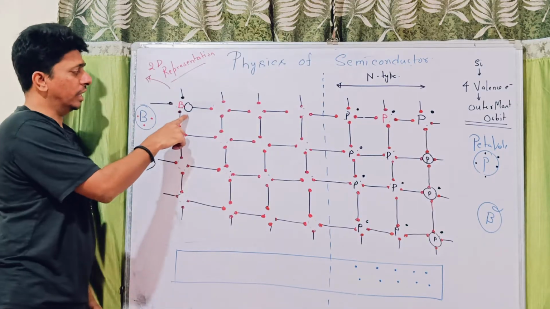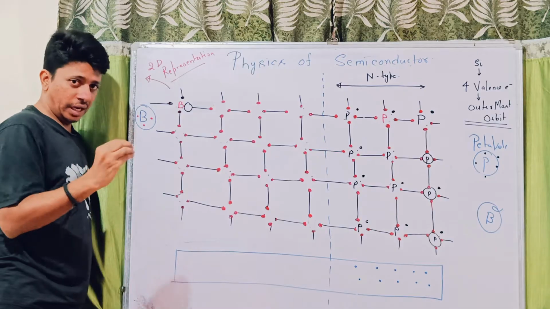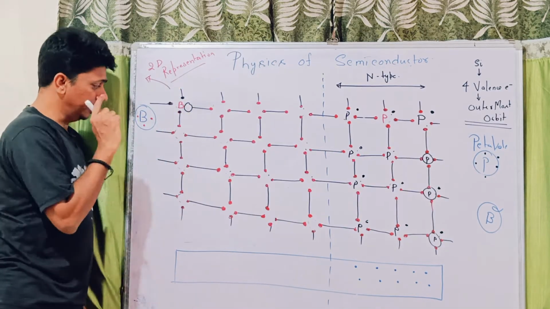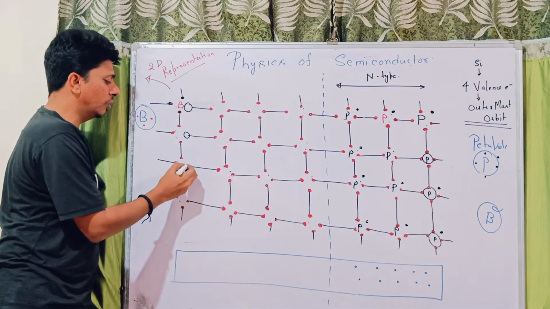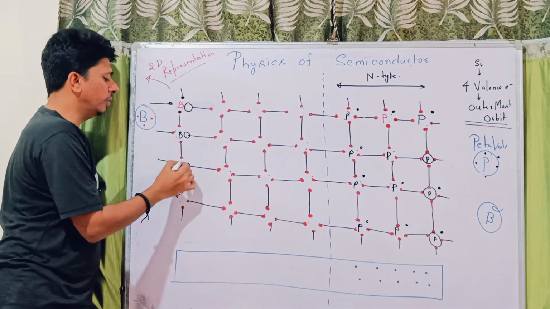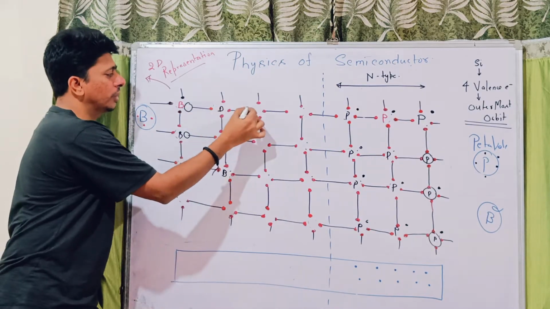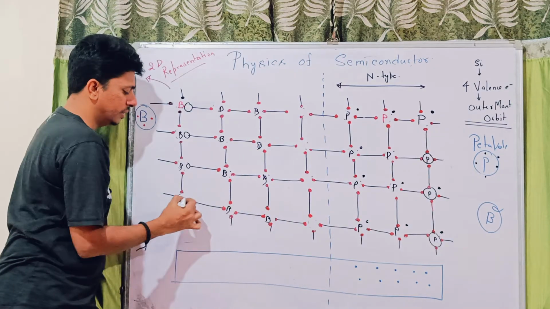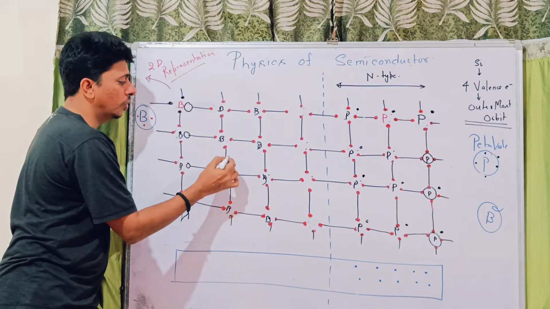So this is not an electron, this is basically a hole, that is, the vacancy of an electron is nothing but a hole. So likewise, everywhere, instead of an extra electron, one hole was present, boron hole. Likewise, boron, having not an extra electron but a hole.